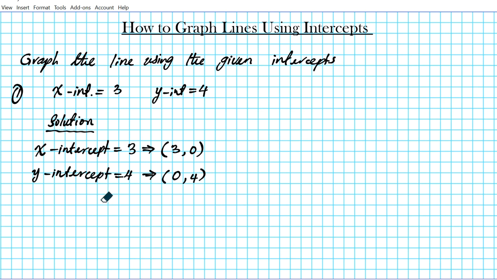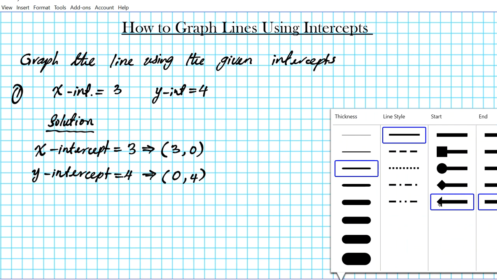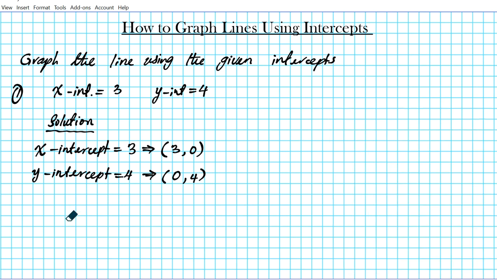Okay, so basically what we're doing now is just drawing the graph of the line that goes through these 2 points. Remember, you need at least 2 points to generate the graph of a line. Okay? All right, so let's go ahead and generate the graph of this line.